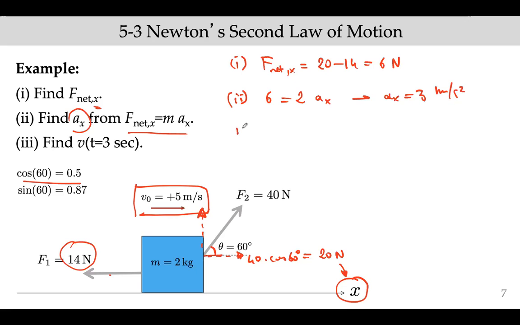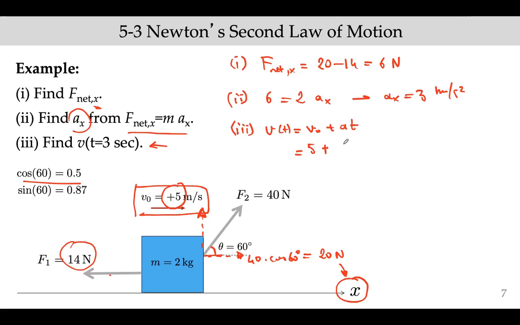Okay, what about the third part? Now the third part is not dealing with forces. So this part is actually kinematics. So we will just use the kinematics equation, which, if you remember, is initial velocity plus acceleration times t. So the initial velocity is given in the problem. It's positive 5.